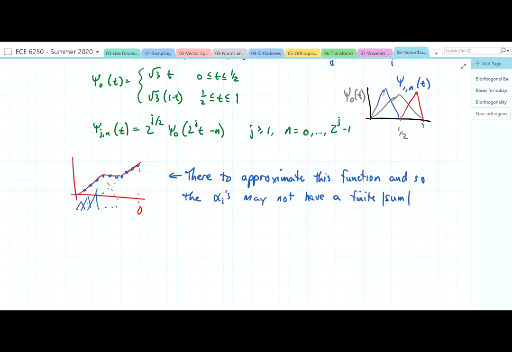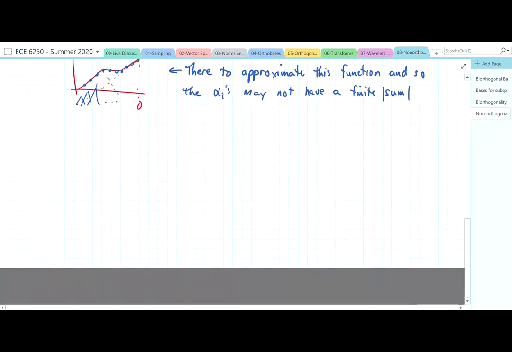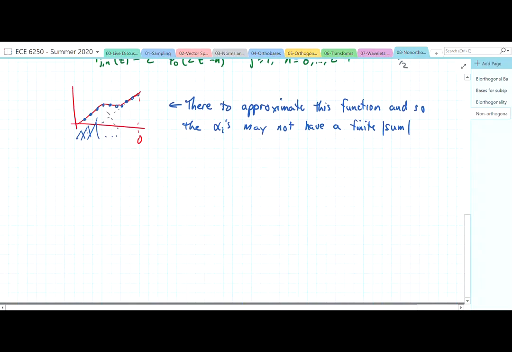Another example is non-harmonic sinusoids. So it turns out that with non-harmonic sinusoids, under a few conditions, they form a nice Riesz space. And these are discussed a little bit further in the printed class notes that you can take a look at.